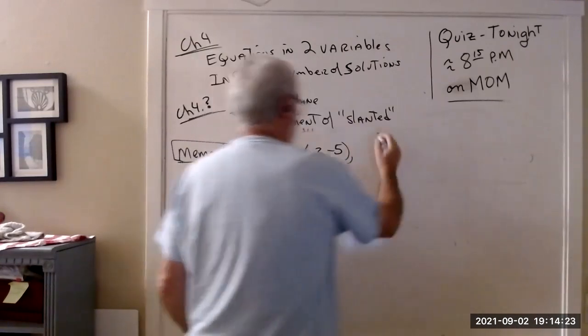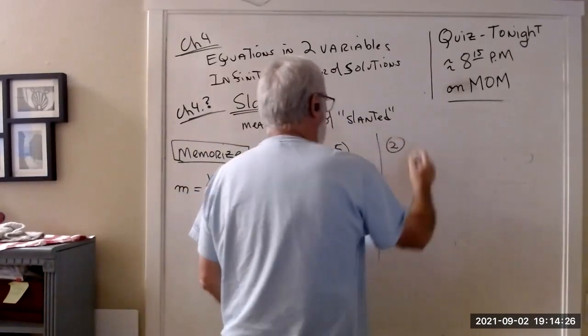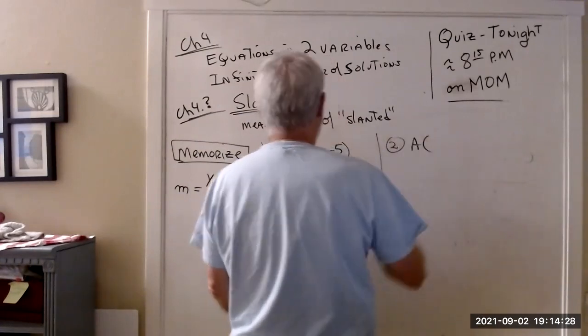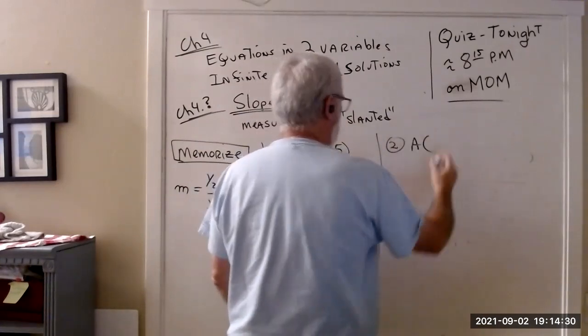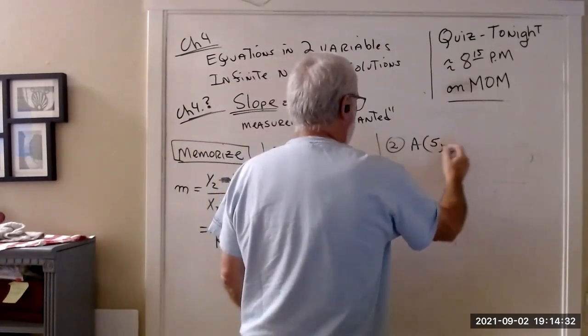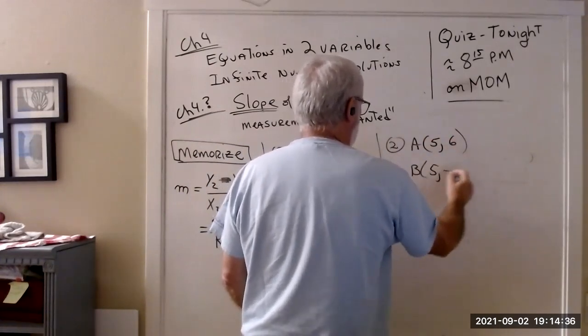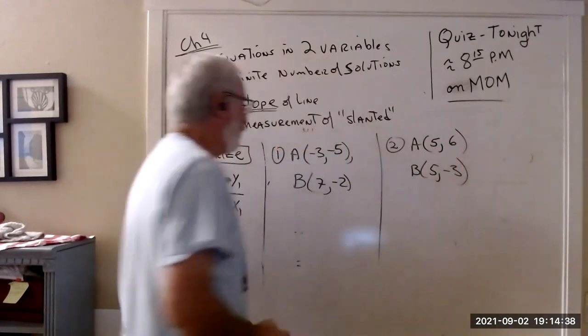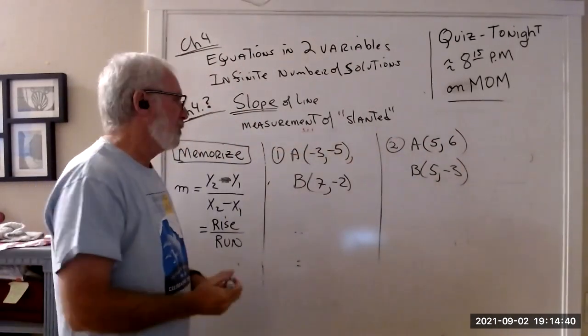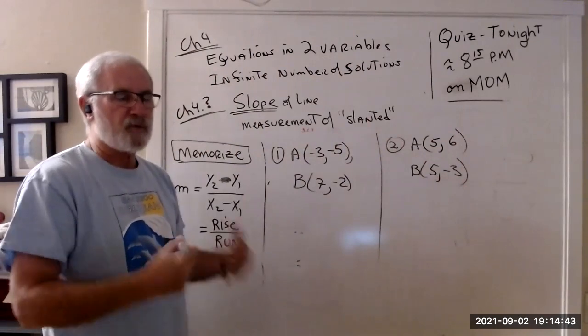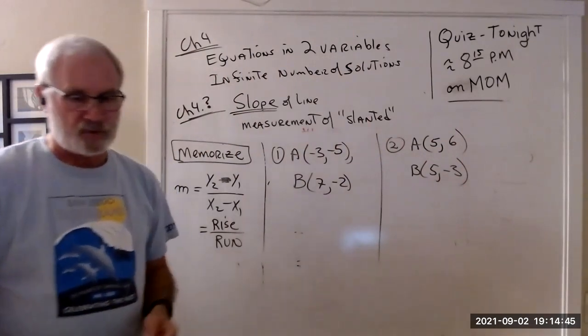Problem number 2: point A is (5, 6) and point B is (5, -3). For both of those problems, I want you to find the slope.